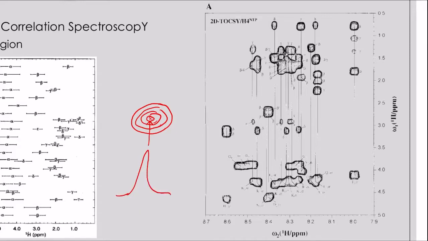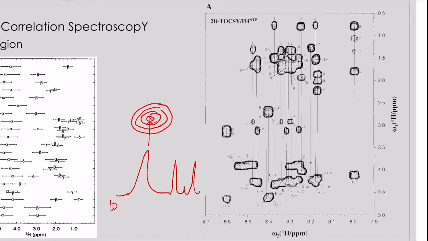It's like your 1D NMR, correct? It's based on the peak height. The higher the peak, the more protons there are, and because this is a 2D system, it means they are connected in close proximity.